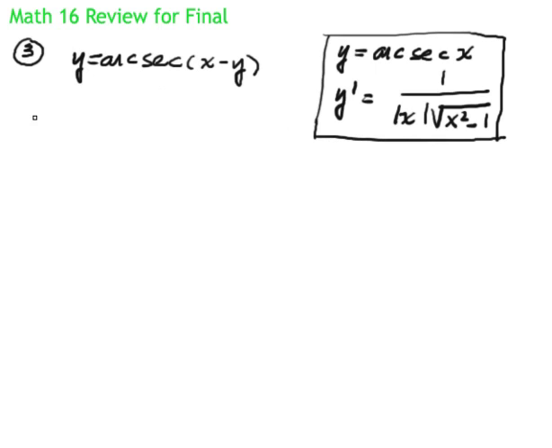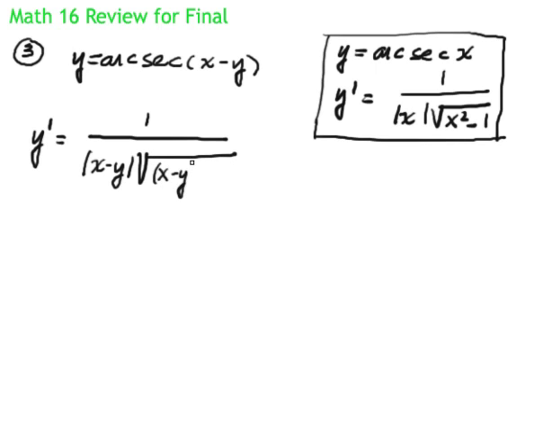So on the left we have y prime, and on the right we have 1 over the absolute value of x minus y, and then we have the square root of x minus y squared minus 1, times the derivative of x minus y, which is 1 minus y prime. So I'll multiply by 1 minus y prime.